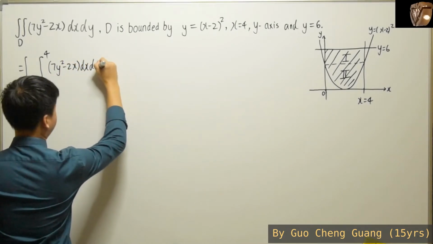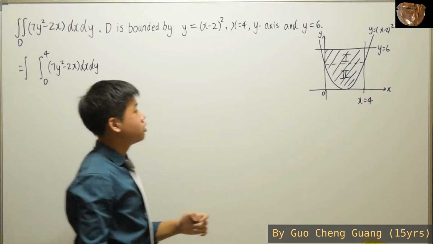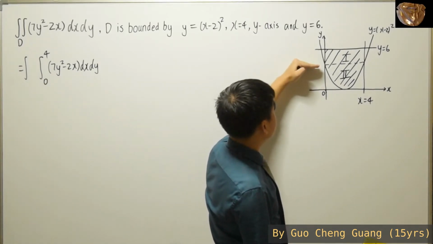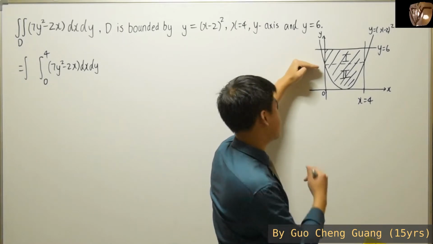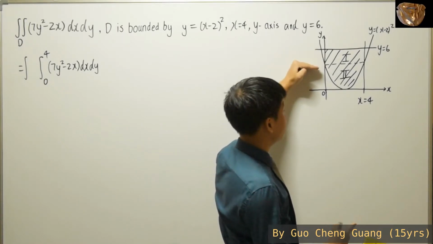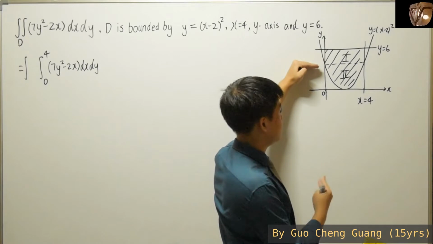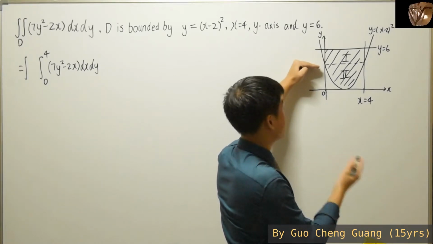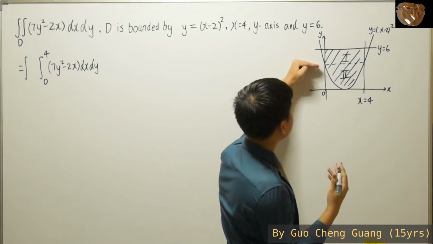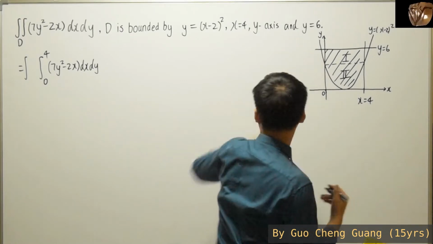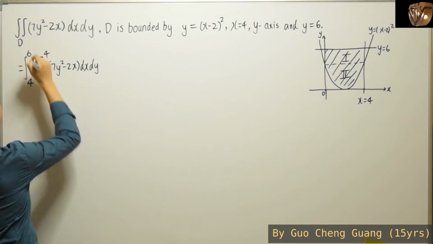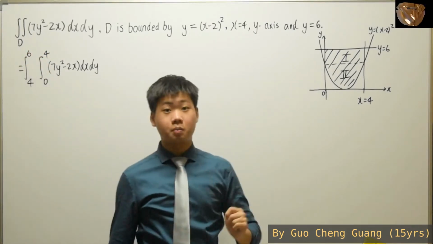And next, we look at your y value. So for the y value, you will need to find whatever you have here. You can sub in either 0 or 4, since they both give y is equal to 4, because one is 2 squared, the other is negative 2 squared. So y is from 4 to 6. Right, so that's your first part.